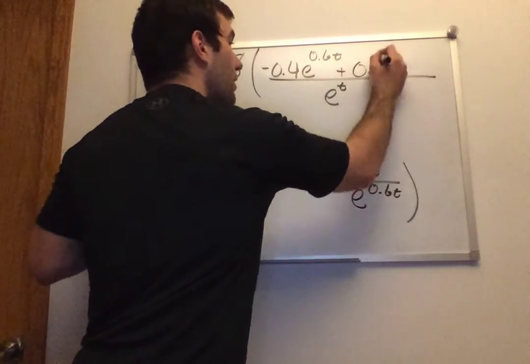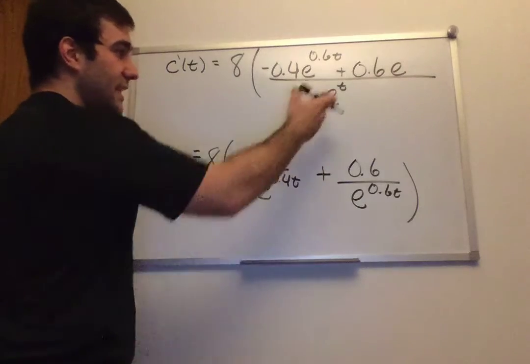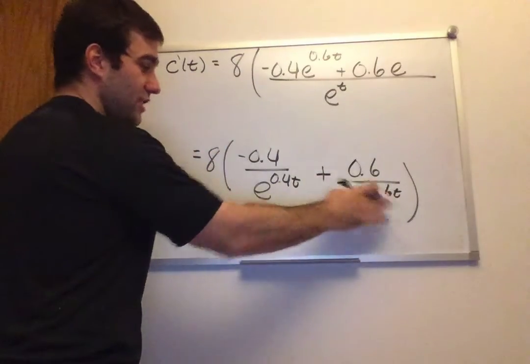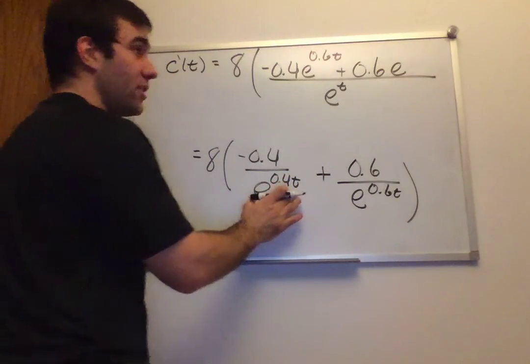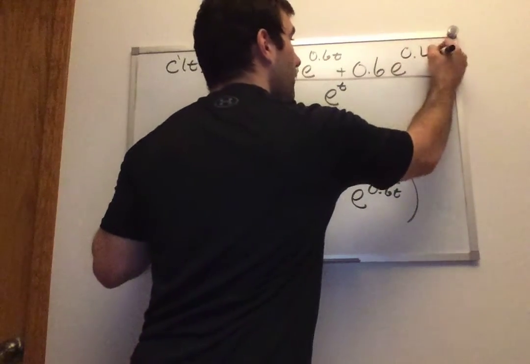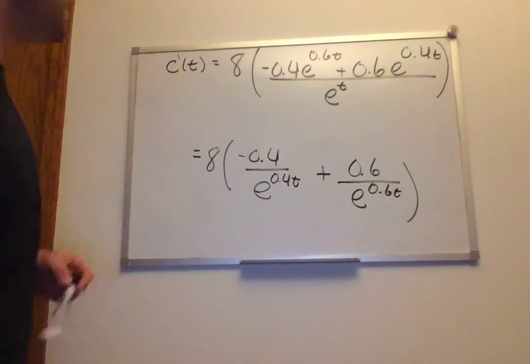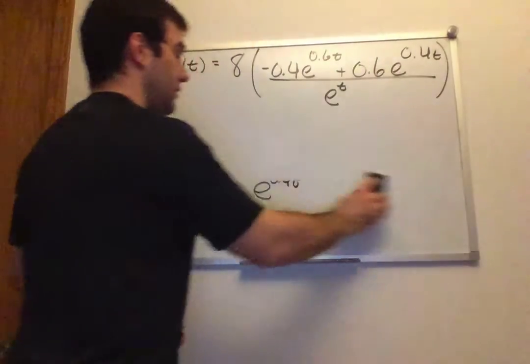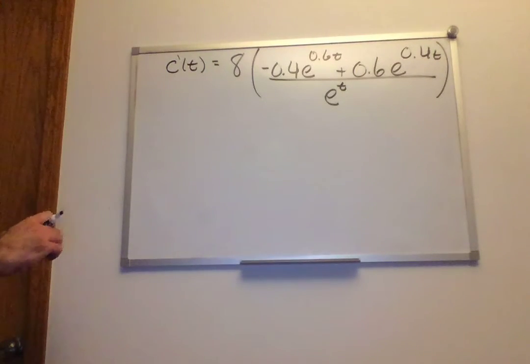Plus 0.6 e, same story here. To get the least common denominator, this fraction is missing this part of it, so I'm going to multiply this numerator by this denominator, e to the 0.4 t. Close my parenthesis. So this is the derivative of our concentration of the antibiotic.